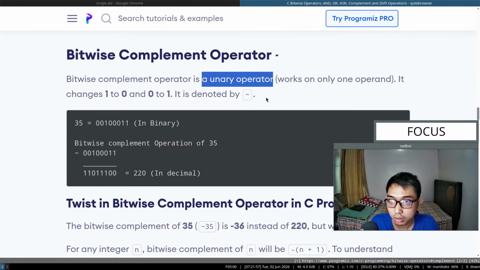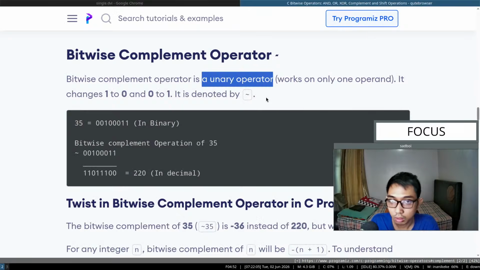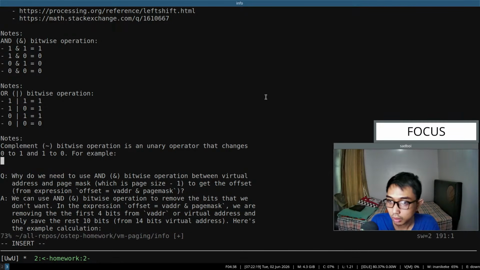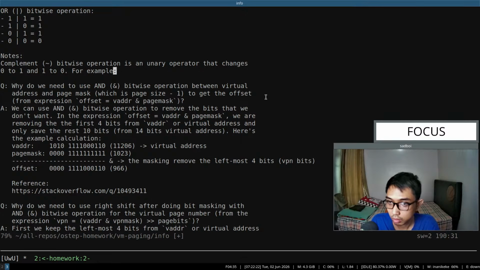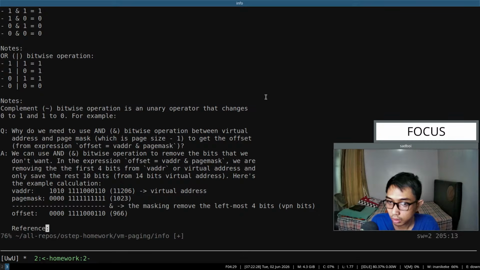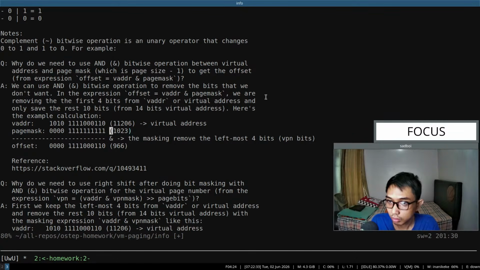That changes zero to one and one to zero. For example, yeah, let's use this as an example.